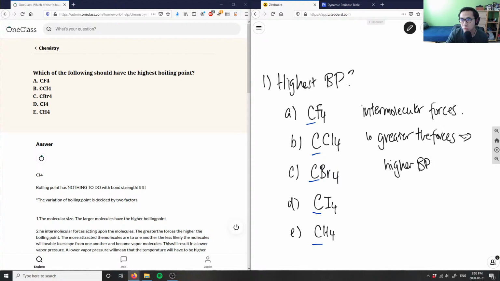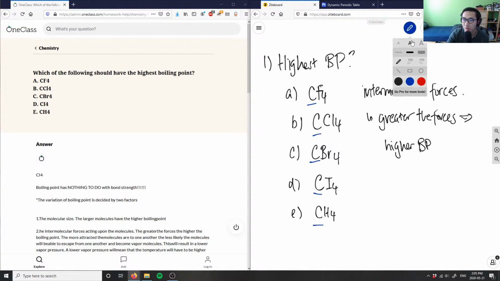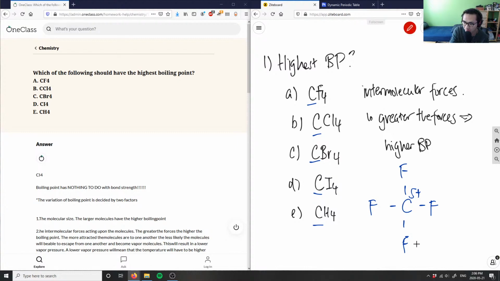So let me just draw a sample of the first one. This is CF4. We have carbon here, bonded to fluorine here, fluorine here, fluorine here, and fluorine here. As you can see, there's a dipole moment between this carbon and fluorine. We have a partial positive on this carbon, and the fluorine is pulling electron density toward it, so it's pulling this way, this way, this way, and this way.